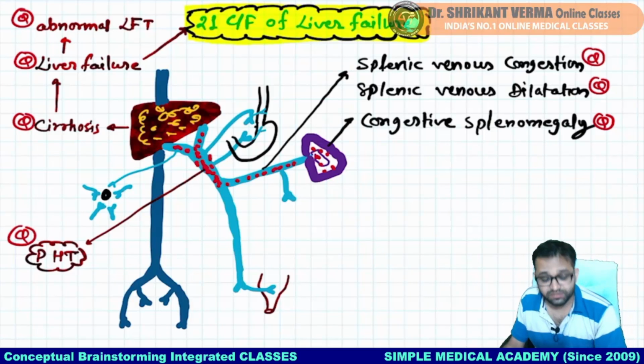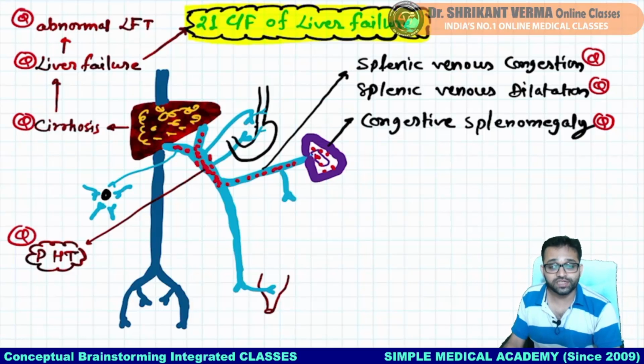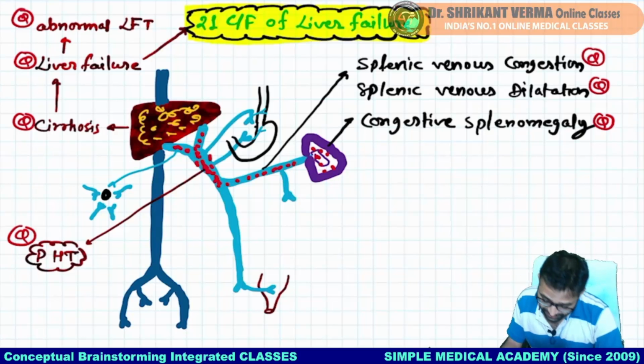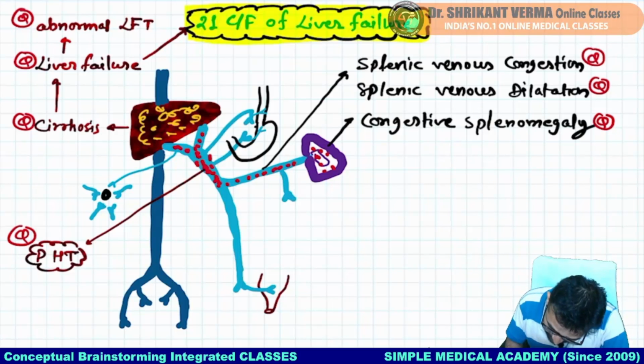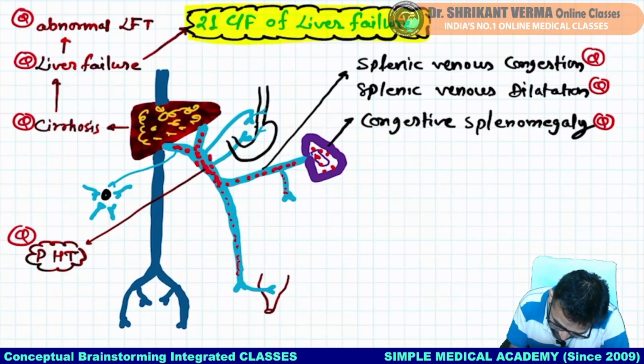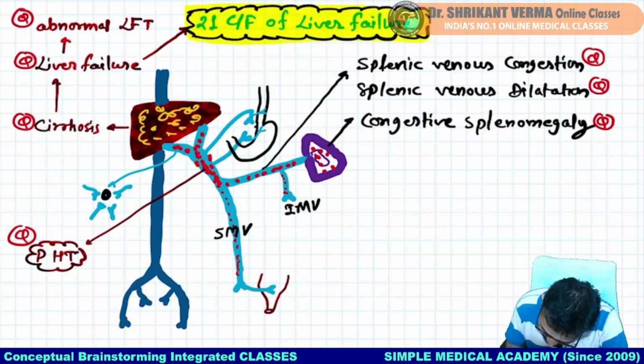Portal hypertension is very commonly associated with cirrhosis, because of alcoholic cirrhosis. Now, try to understand. The blood is also getting accumulated within the inferior mesenteric vein as well as the superior mesenteric vein. These are carrying the blood from the GIT.